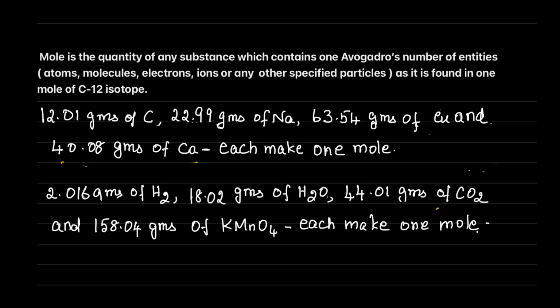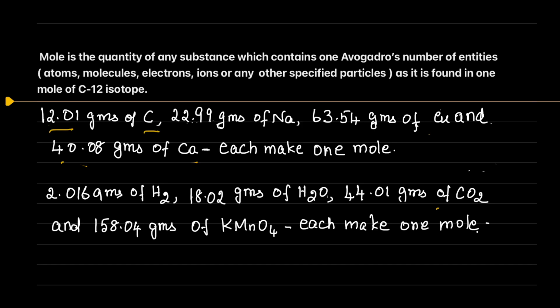Carbon, sodium, copper and calcium, all these are monatomic. Their atomic masses are 12.01 U, 22.99 U, 63.54 U and 40.08 U respectively.